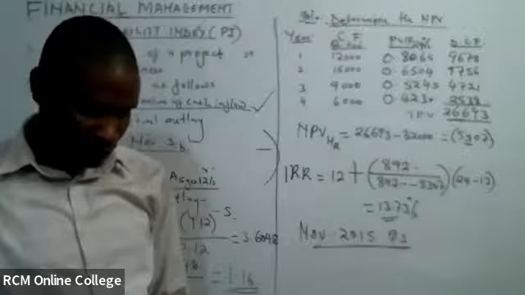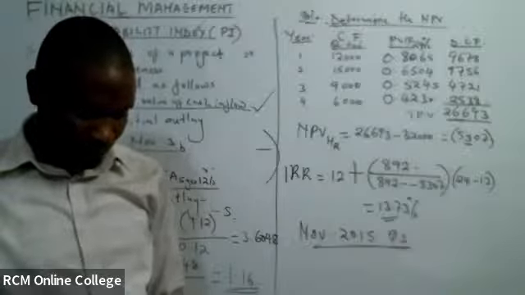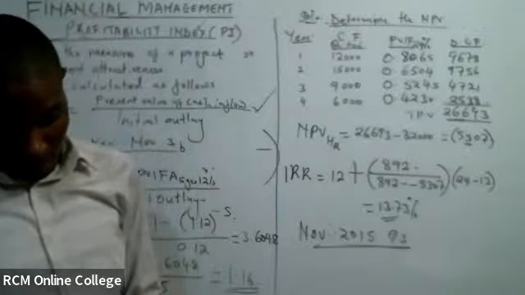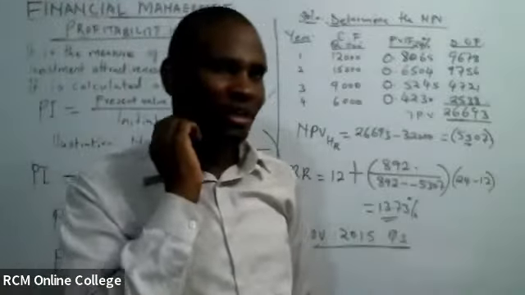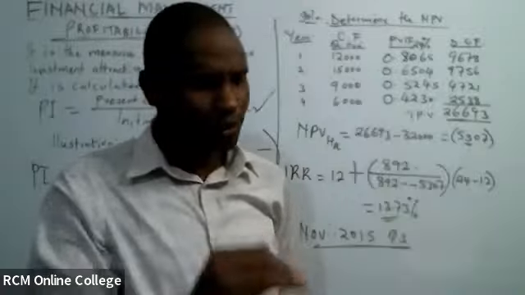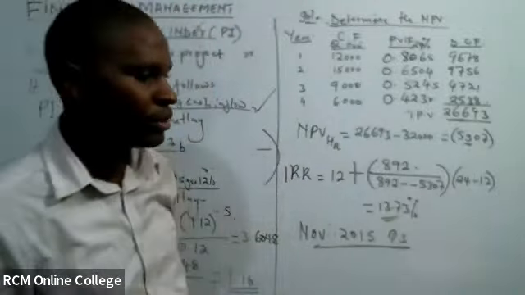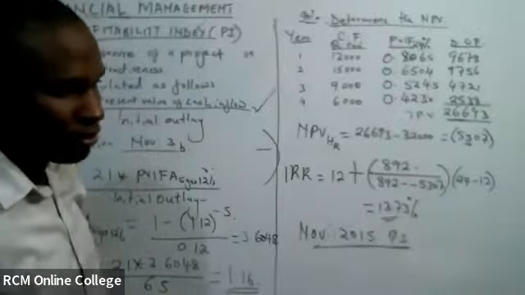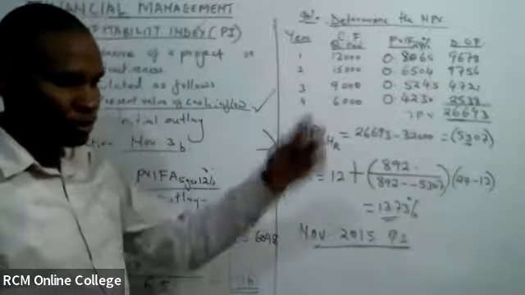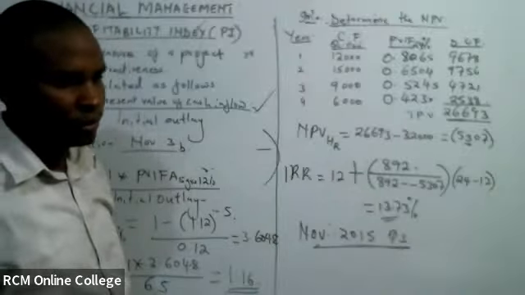It is always good to note the cash flow given. We have been told annual. Looking at that annual cash flow, it is an annuity. Annual annuity. Don't think twice about that.